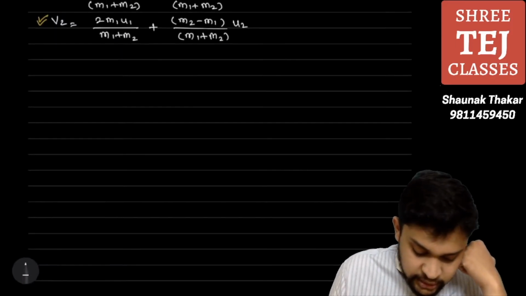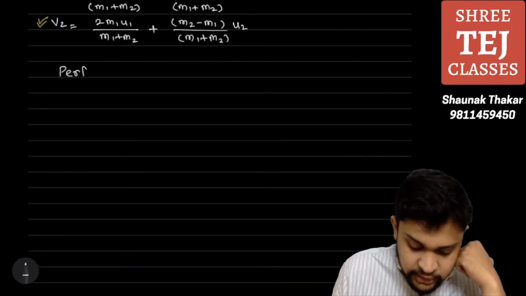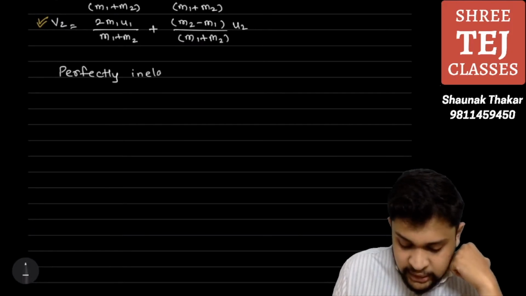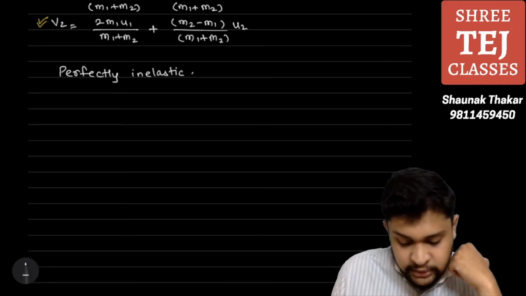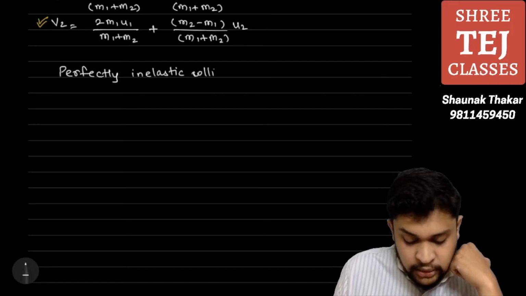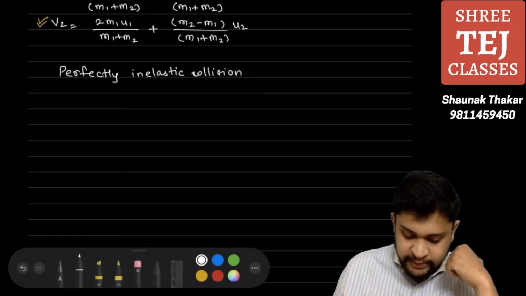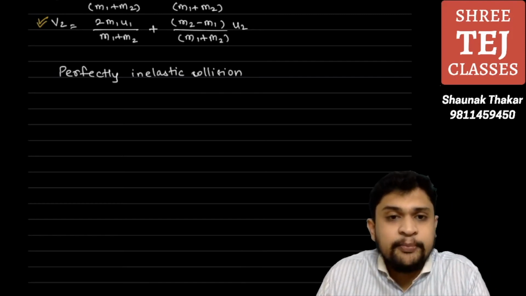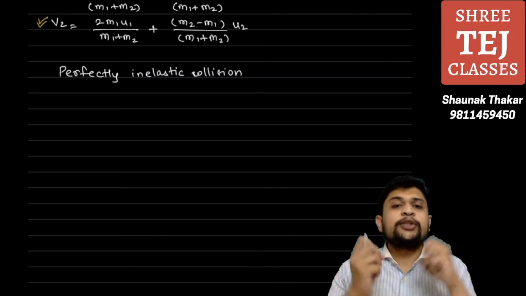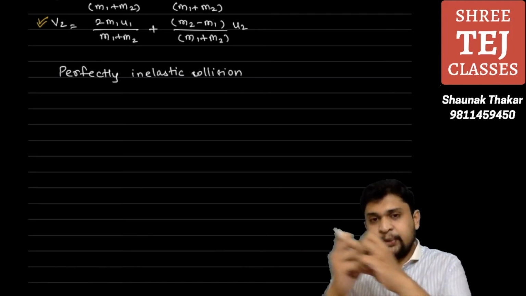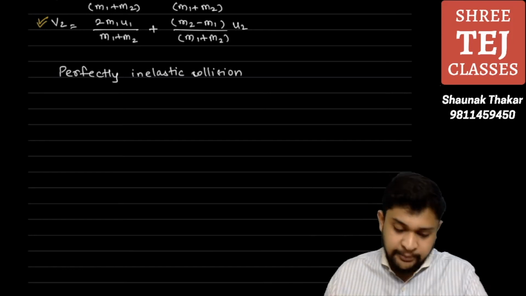Perfectly inelastic collision. Now, as we discussed at the beginning, what happens here? When the two objects collide, after the collision, they will continue to move together.